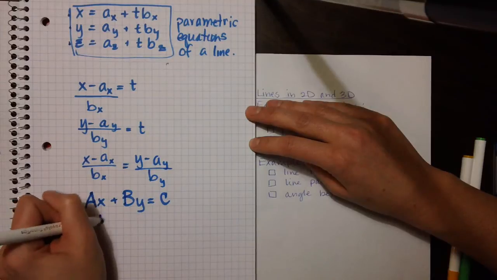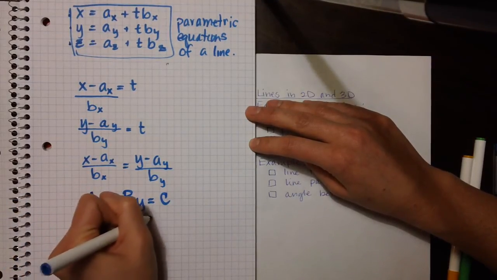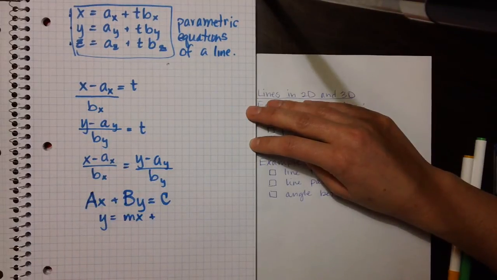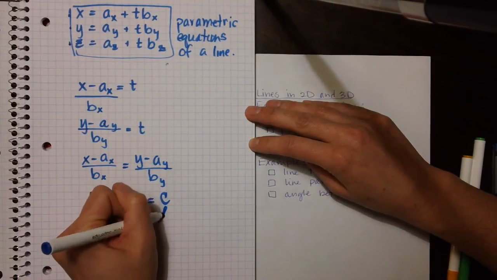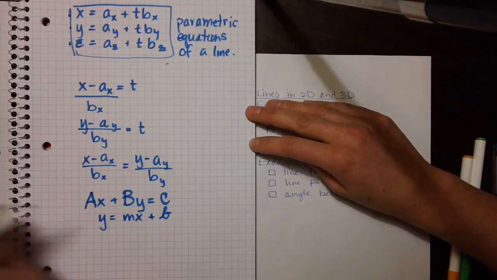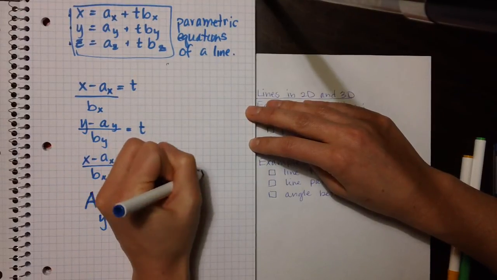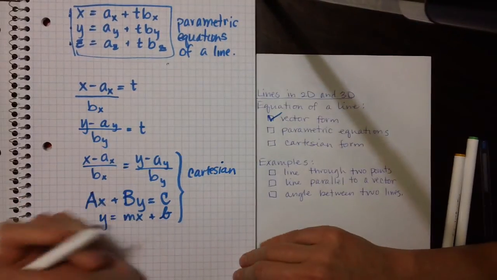Or I could put it into y equals mx plus b, which is a different b than this. So I'm going to make it a funny b. All right, and these are the Cartesian form of the equations of a line.